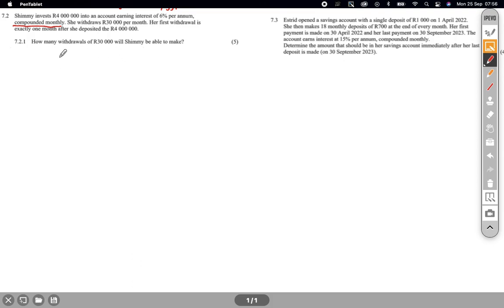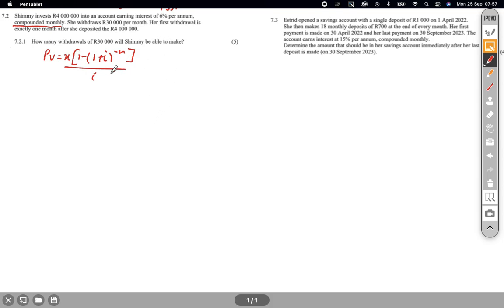Okay, now remember, when we talk about withdrawals, you should automatically think about the present value formula. And this is one thing that a lot of learners confuse.